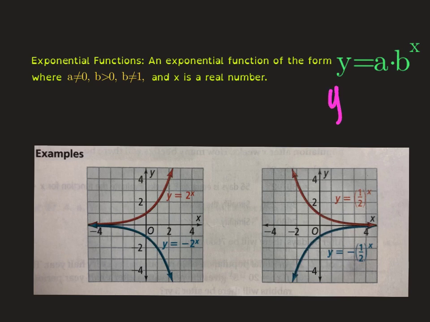If I have y equals, I'm just going to even leave the a in here, a times 1 to the x, no matter what you put in for that x, 1 to any power is still just going to be 1. So that doesn't help our cause to grow exponentially.